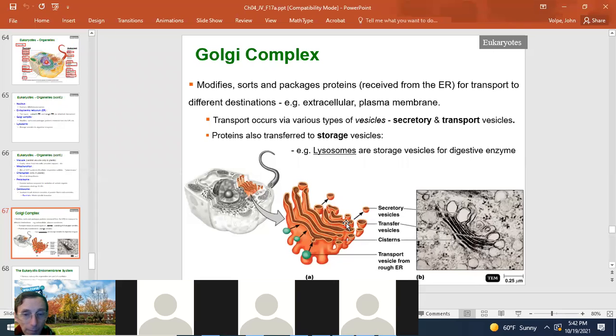That will form a vesicle, which will bud off of the Golgi complex. Then this vesicle will move from one location in the cell to another, transporting the material. Any questions about the Golgi complex?